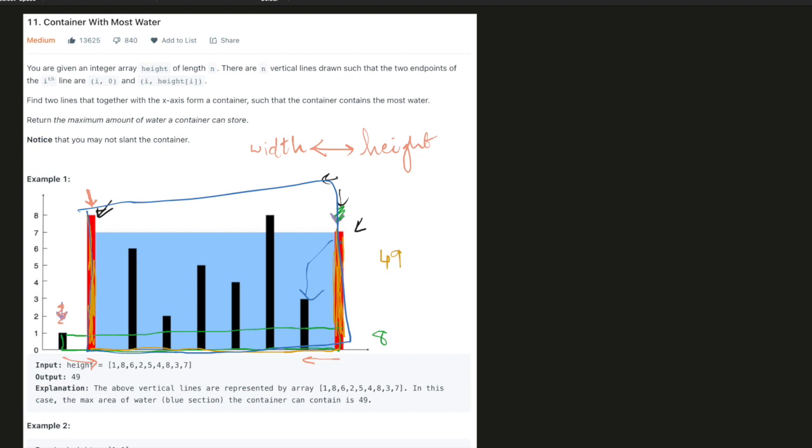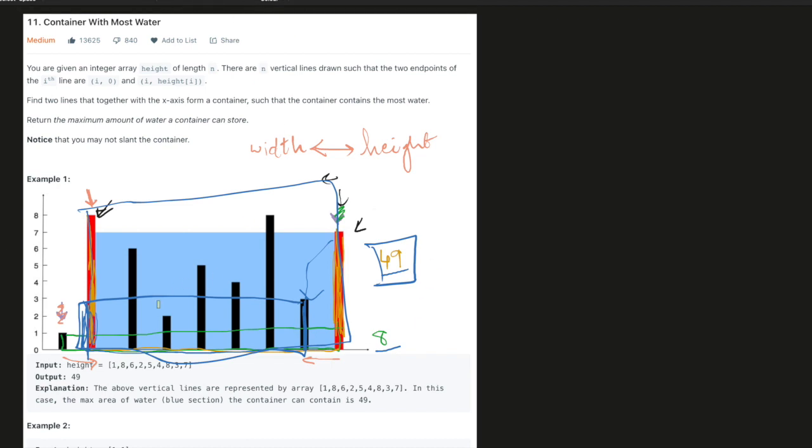So we take the max of that, which is 49, because 49 was the max of 49 and 8, and we compare it to the amount of water in this part. So this is 1, 2, 3, 4, 5, 6 times 3, which is 18. And the max of that is 49, so we keep 49 as our max value.